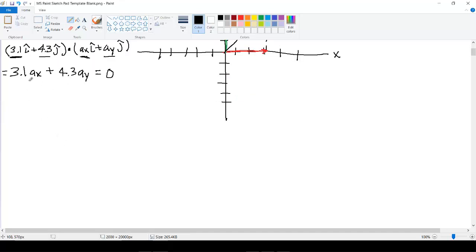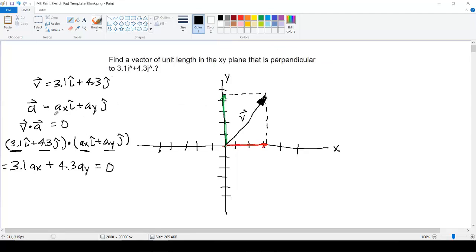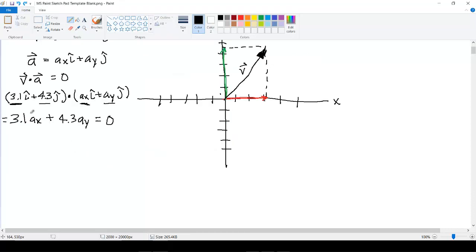So we have two unknowns, but again, we don't really care whether it ends up going this direction or this direction, and ultimately the length won't matter because we're going to make it into a unit vector anyway. So we can just choose one of these pretty much randomly, Ax or Ay, and then solve for the other. I'm going to choose Ay.